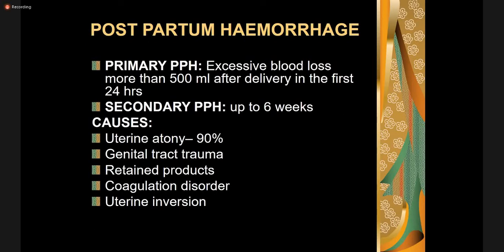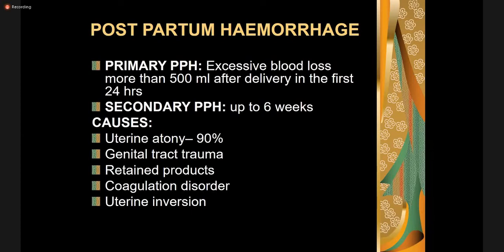Coagulation disorder is rare, but this can also be a cause. Uterine inversion is also rare. During the delivery of the placenta, if somebody is not experienced enough and pulls the placenta, the fundus of the uterus comes out of the vagina.